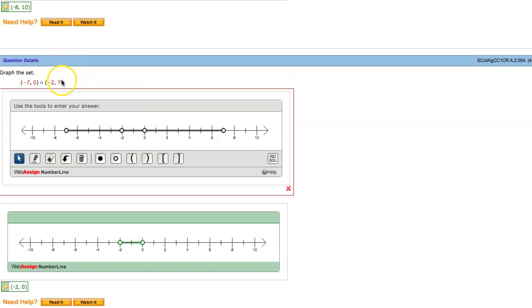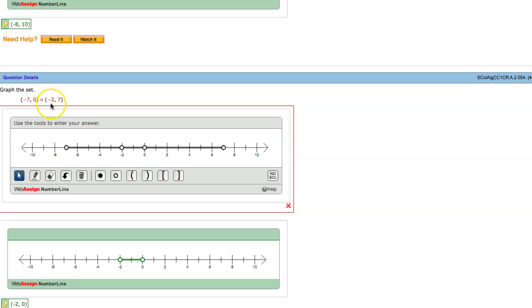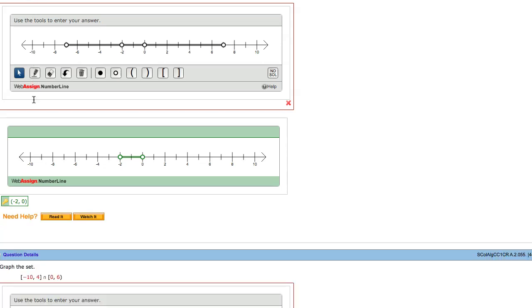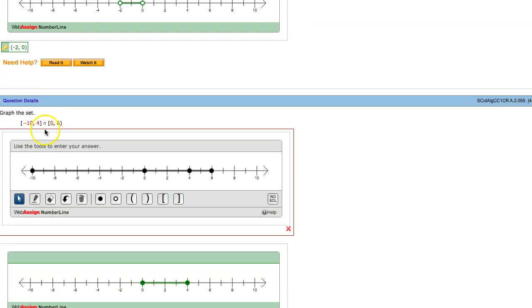Now we would have different dots if it weren't for the parentheses here, but anyway. Let me back up on one more thing. You do want to do the litmus paper test. Neg 2 did fit between neg 7 and 0. If it didn't, we would have the empty set, remember? So just keep that in mind. Again, litmus paper: 0 does fit between neg 10 and 4. So litmus paper was passed.